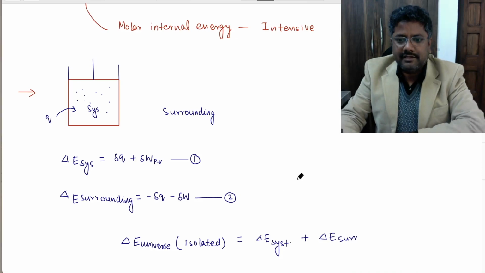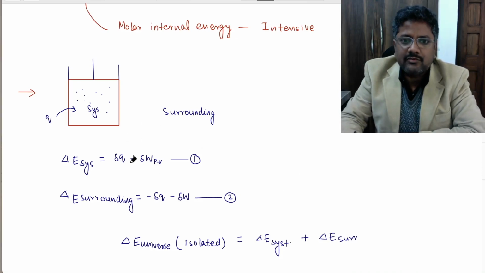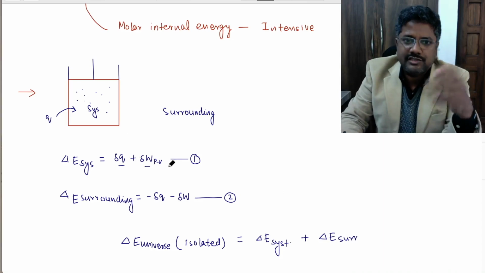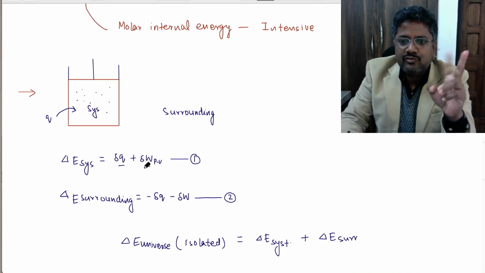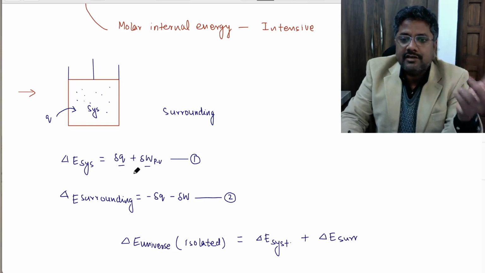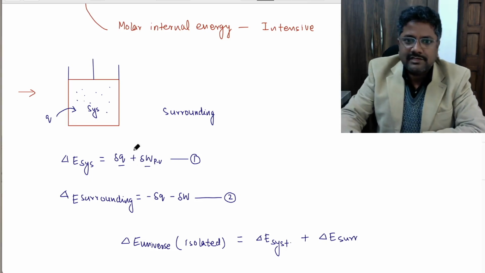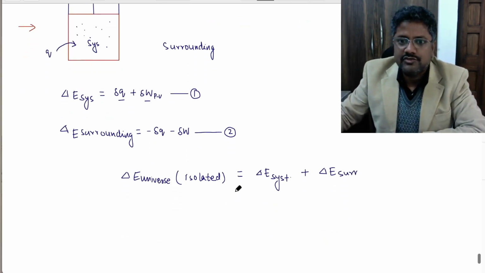I am writing U here, not E, so I can change this to delta E. We have already made clear that for a closed system in which there is no change of moles, we have two ways to change the internal energy of the system: one is heat change, another is work. That's why I'm considering these two here.